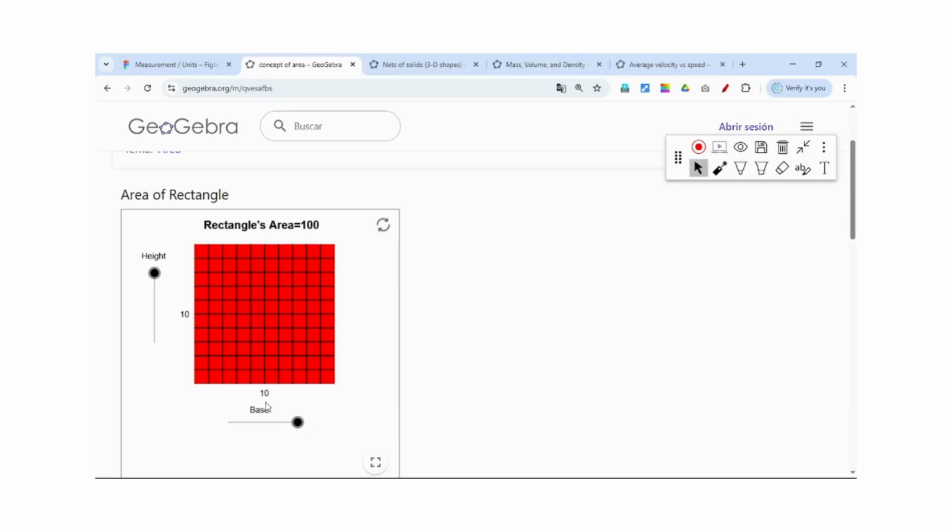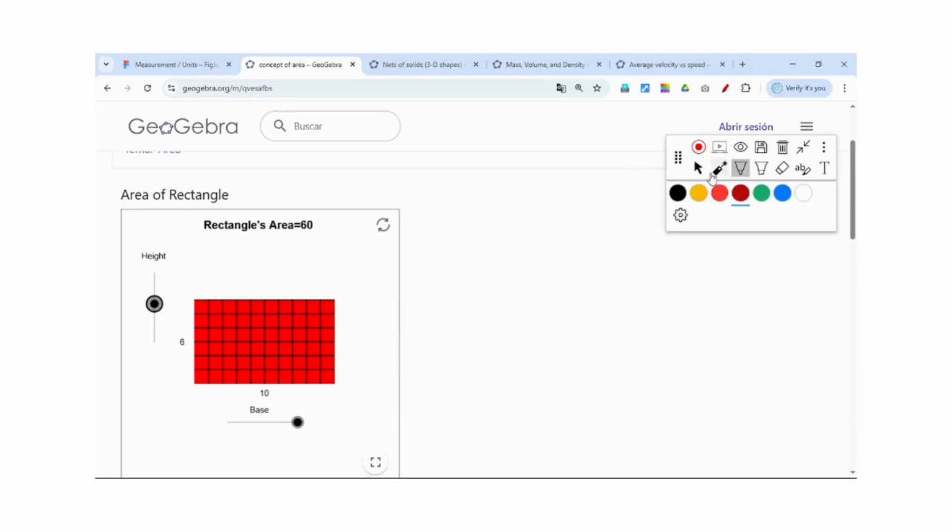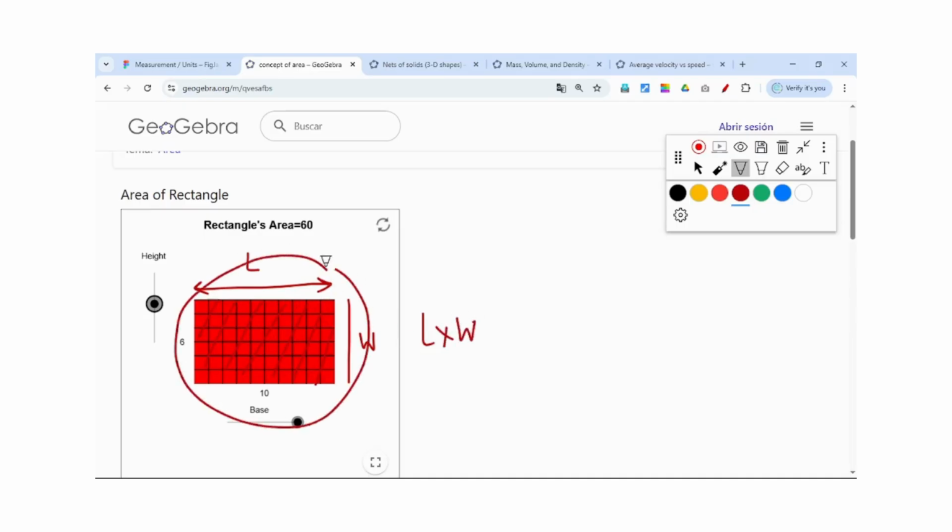If I change one dimension, this is my length, the bigger length, we call it length, smaller length, we call it width. And when we multiply the two dimensions, length multiplied by width, we are able to get a concept of area. We are able to measure area. So length will have a unit, for example meter, multiplied by another dimension, again meter.